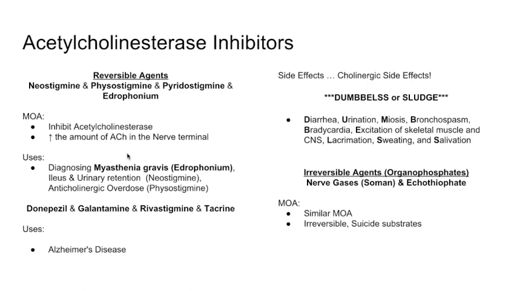Very high yield: you need to know edrophonium is the diagnostic test that you would use for myasthenia gravis. This is going to increase the amount of acetylcholine in the nerve terminal. So for patients who have antibodies blocking the receptors, you're going to be able to overcome this, and if somebody is having an acute myasthenic event, they're going to improve for a short period of time.